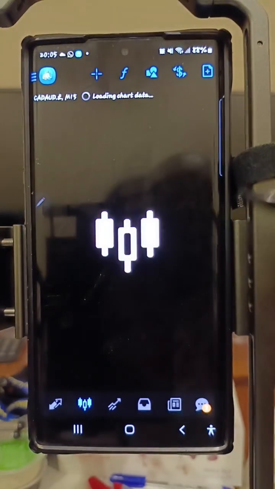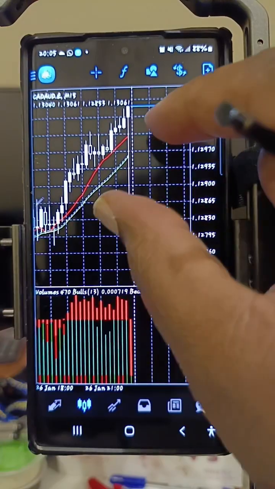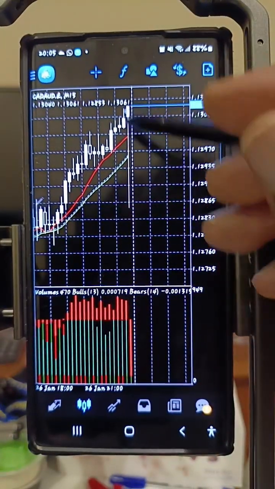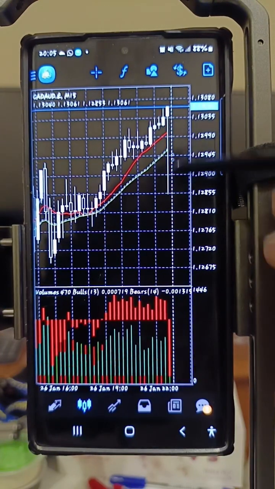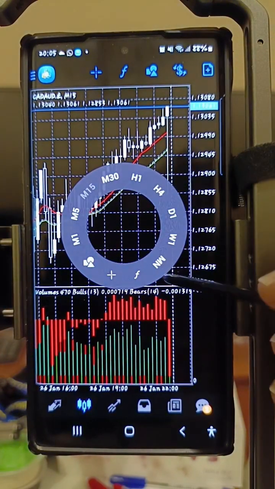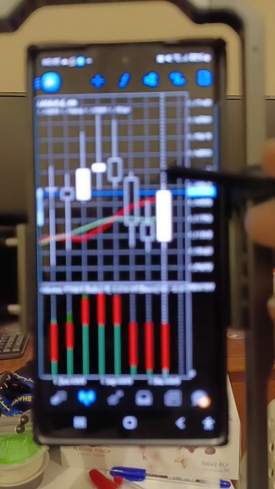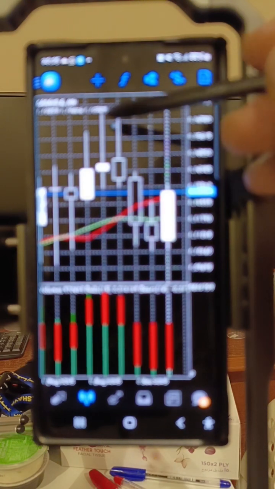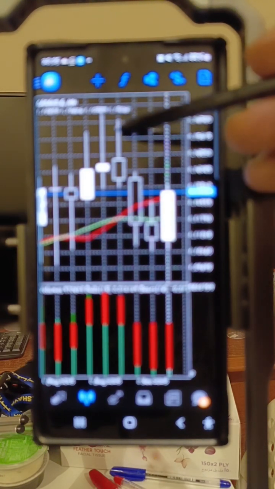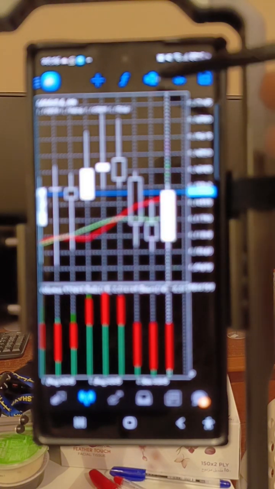So Canada, Aussie. Step one, I see a massive wick here. If I go to the month, here we go, this tells a story. Let me pull up 1, 2, 3, 4 months.